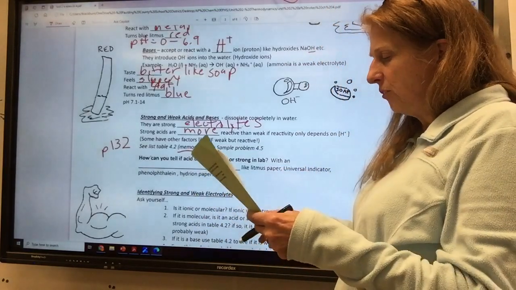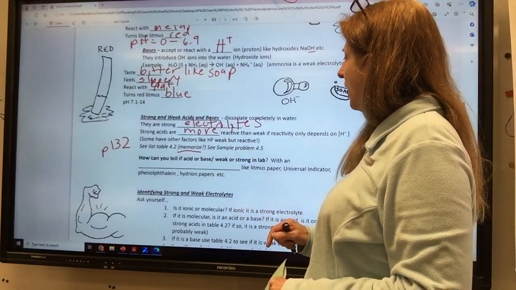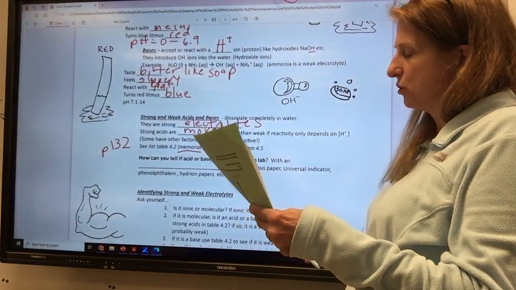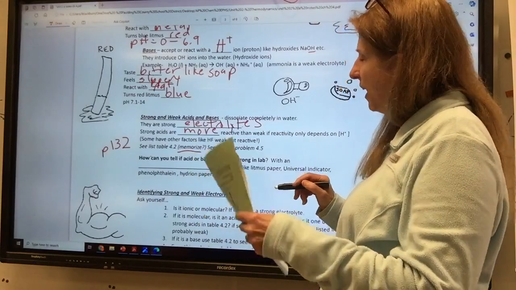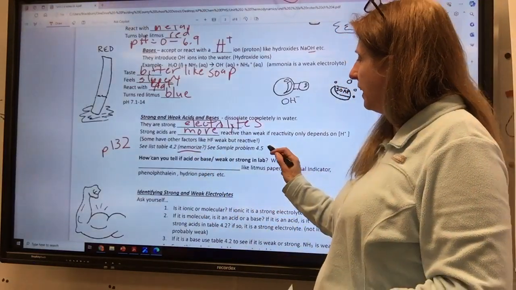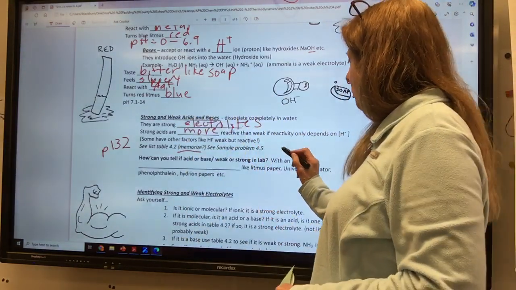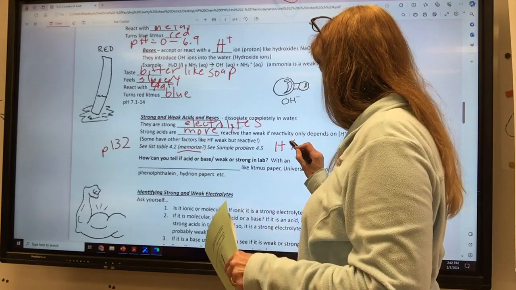Okay, so you need to look at those. So how can you decide if something is a strong acid or a weak acid? You can see sample problem 4.5. You can look at it and see where they have dissociated completely, which was HY would be strong.